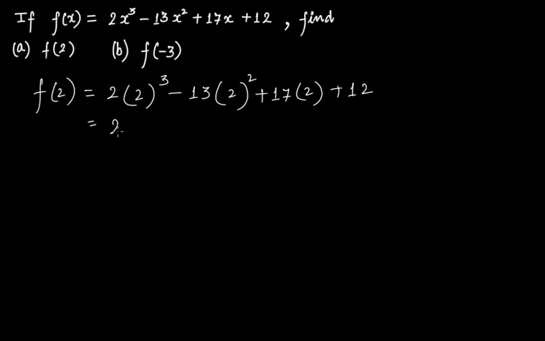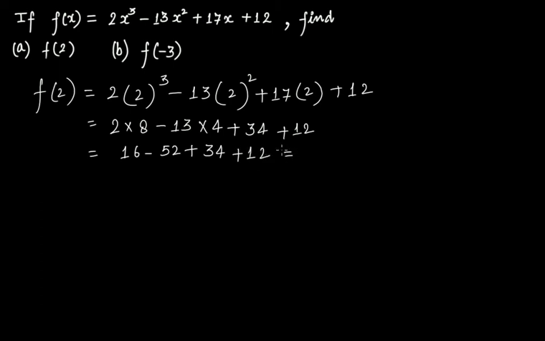This gives you 2 multiplied by 8 minus 13 multiplied by 4 plus 17 multiplied by 2 is 34 plus 12. This gives you 16 minus 52 plus 34 plus 12, and if you solve this you get 16 minus 52 is minus 36, minus 36 plus 34 is minus 2, and minus 2 plus 12 is 10.